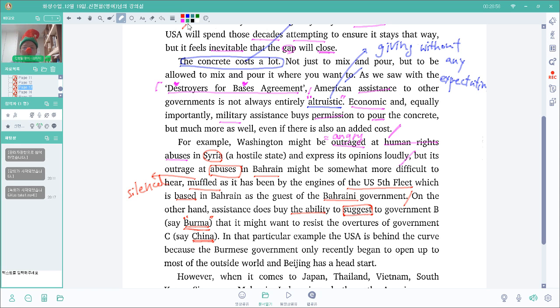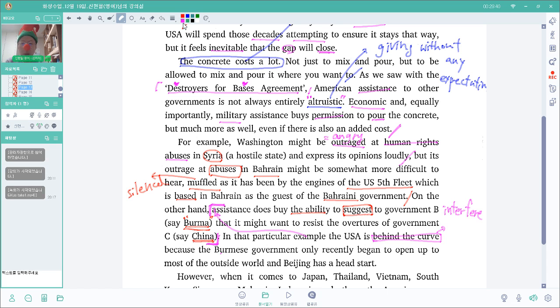So in that particular example, the USA is behind the curve, because the Burmese government only recently opened up to most of the outside world. Beijing has a head start. Behind the curve means the USA is interfering with China coming into the Burmese market.